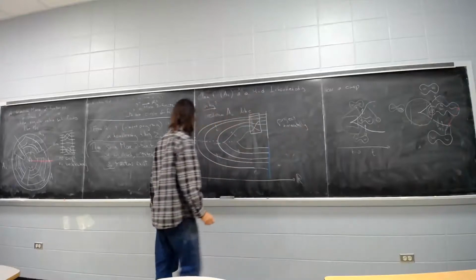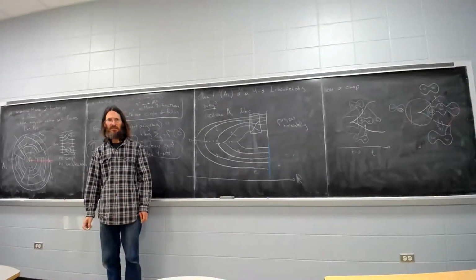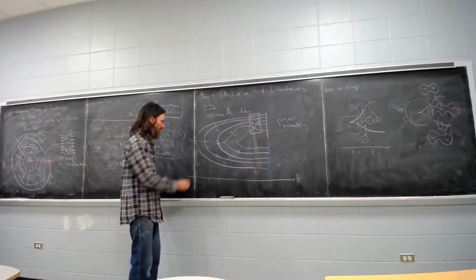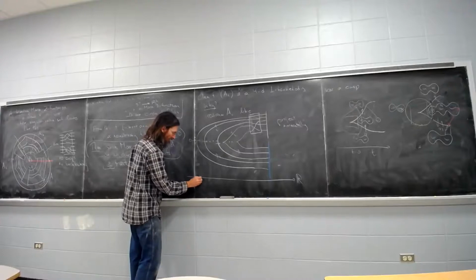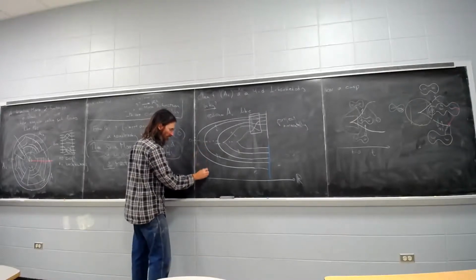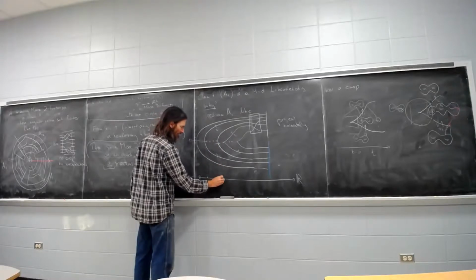Using the local models for these folds, you can calculate that you get an honest Morse function with critical points precisely at the vertical tangencies.